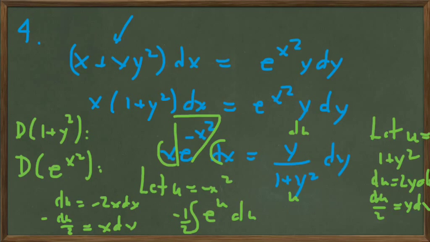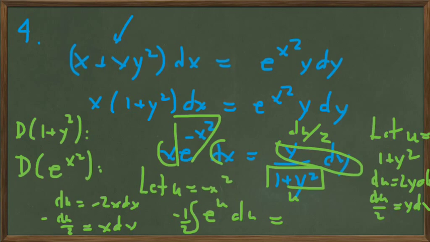And so y dy is du over 2, and this bottom right here is just u. So when we set up that integral on the right-hand side, we get 1/2 du over u. Okay, so let's box that in.